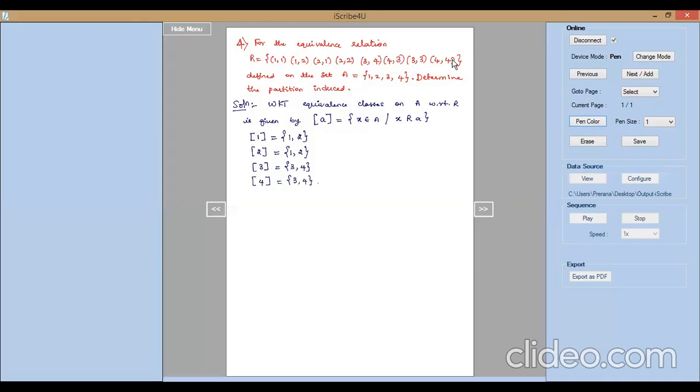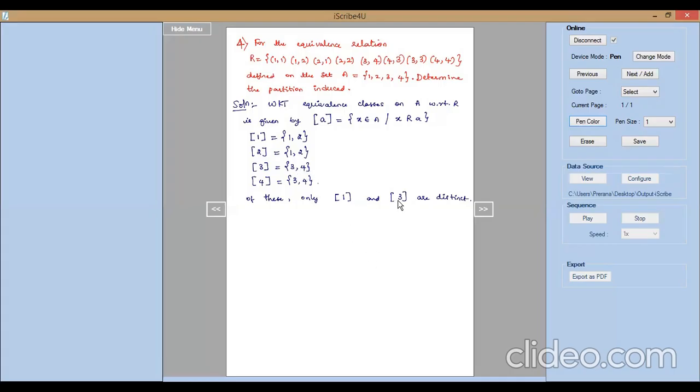Right? So among all these, can I write down that only the equivalence class of 1 and the equivalence class of 3 are distinct? 1 has {1, 2}, 3 has {3, 4}.